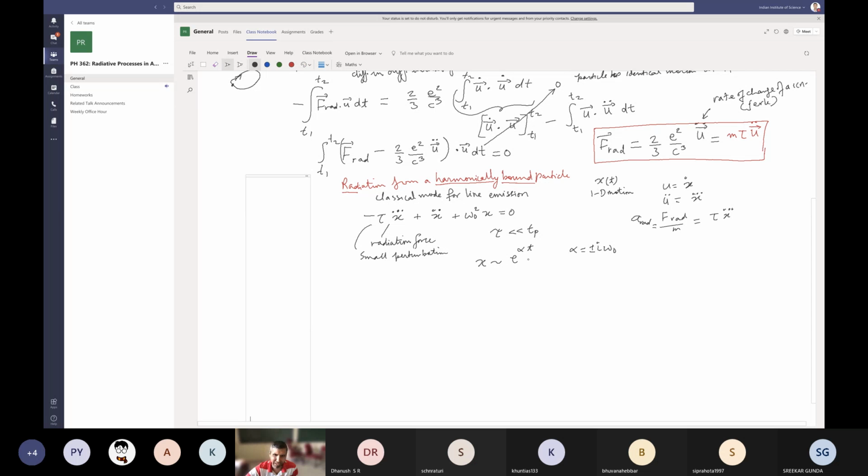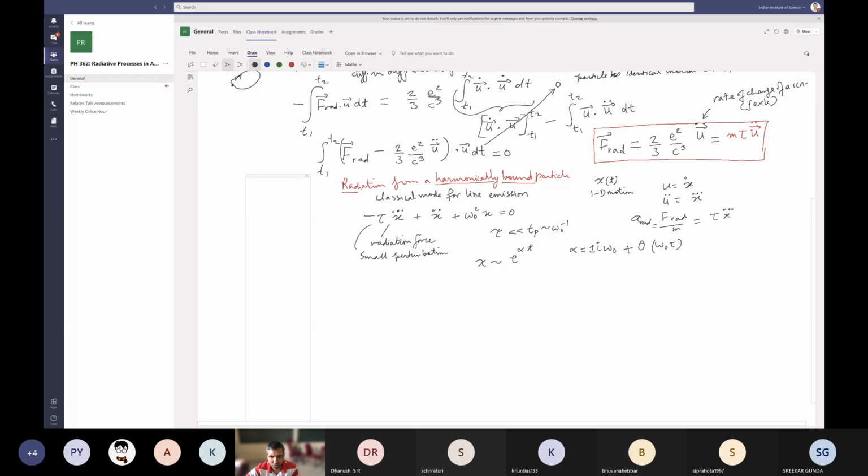These are just the standard oscillations, but you will have perturbative terms of order omega naught tau, because omega naught tau is small. The particle orbits are on a time scale of omega naught inverse.